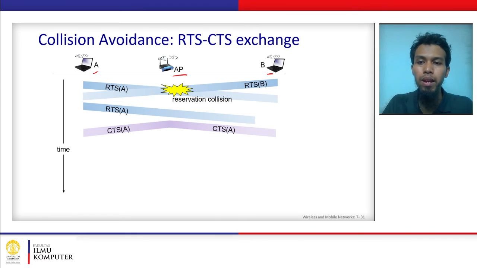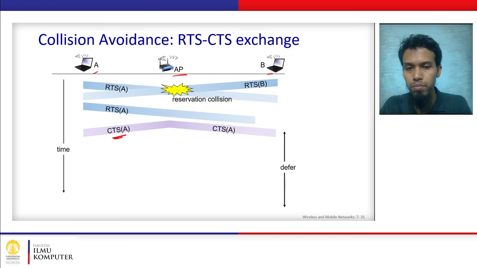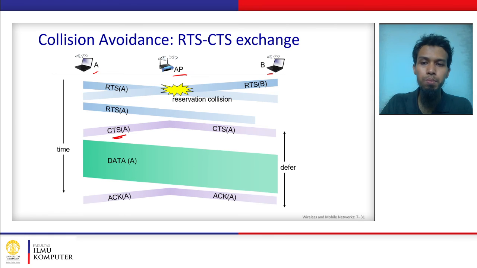For A, the CTS-A says that now A can start to transmit the data. For B, CTS-A means that A is going to transmit data, so B has to defer. Now A can start to transmit data.